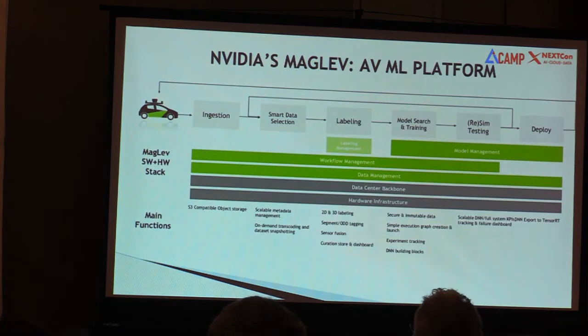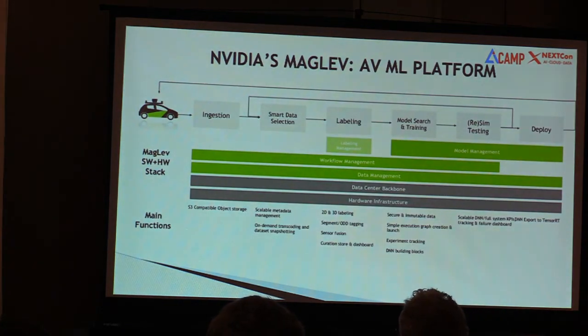And so to go back to the process that we had before, where we ingest data, select smartly, do labeling, model training, re-simulation testing, and deployment. Basically, we drew functional blocks that we need to have in order to do a good job at this, right?